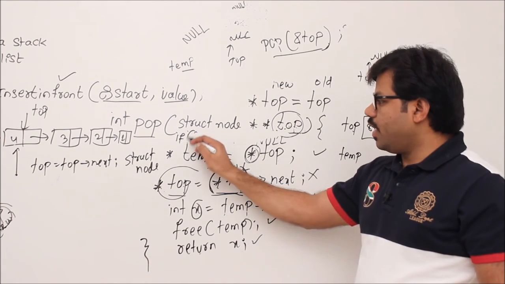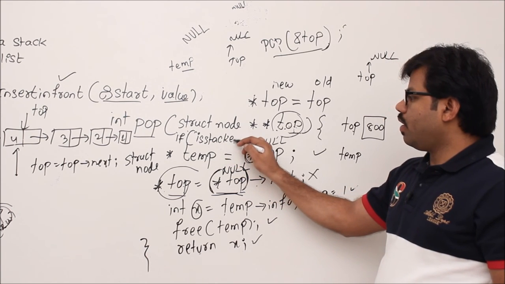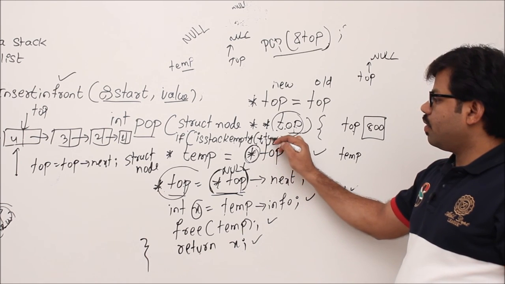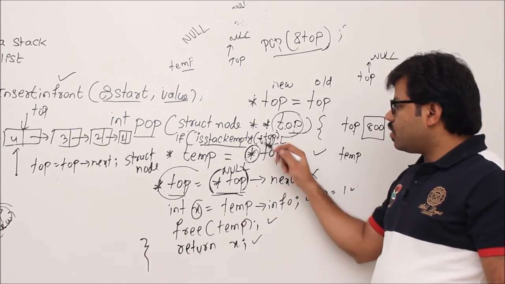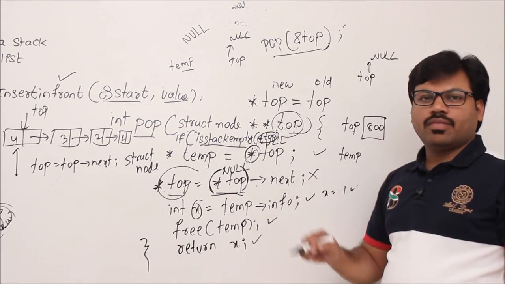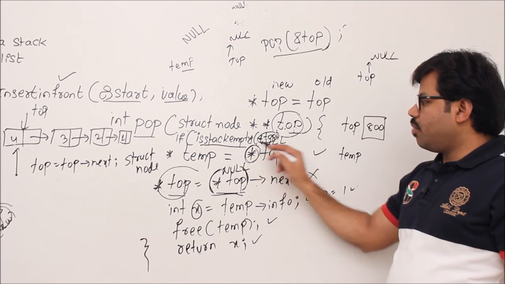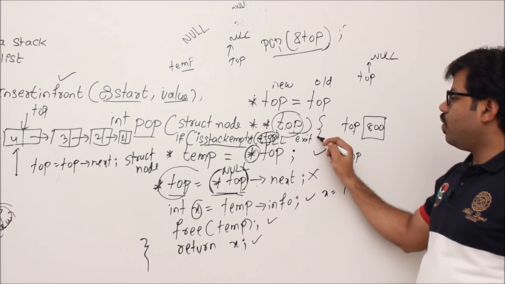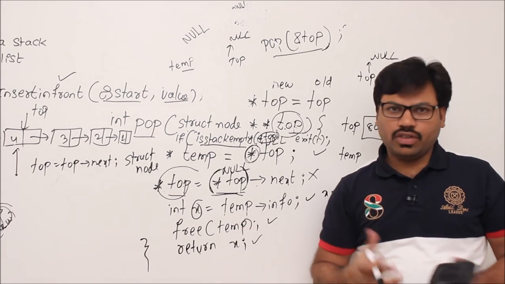So I write this code: is stack empty, and we pass star top. This stack empty method I am going to implement is going to check whether your stack is empty or not. And what is star top? That top. We are passing that top again. So if is stack empty is true, then simply exit. Don't do anything wrong. Otherwise continue. In that way we can do this code.